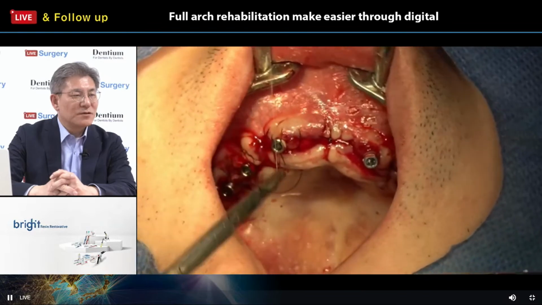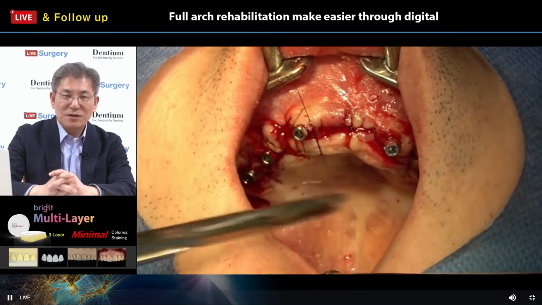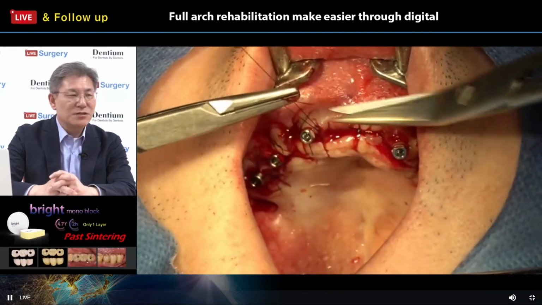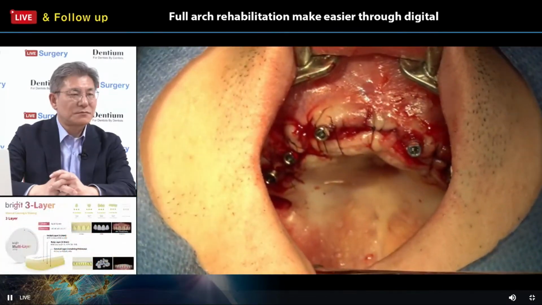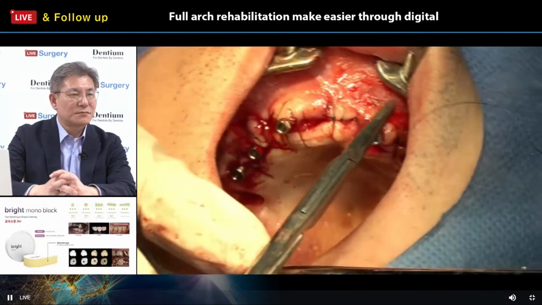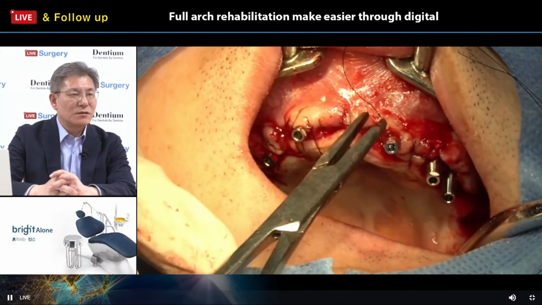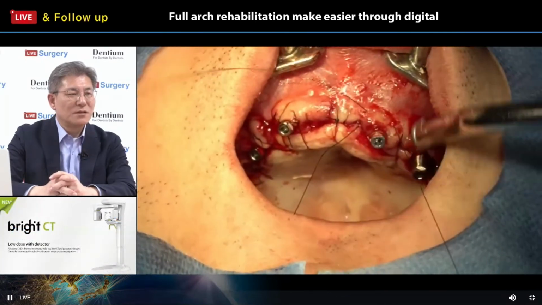The ordinary 5-0 suture material is popular for sinus, GBR procedures, or implant surgery. Okay, he is moving to the upper left.